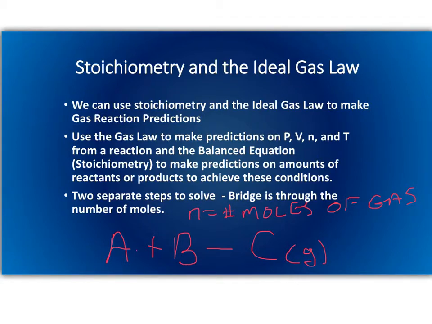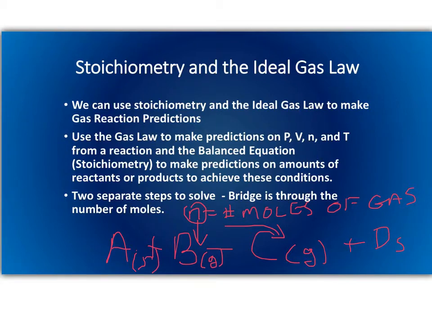Let's say A solid plus B gas gives us C gas, and then we'll put D solid here just to make it complete. If we know the number of moles of the gas, which would be B, then we could predict the number of moles of C from that equation to make that gas based on the ideal gas law.